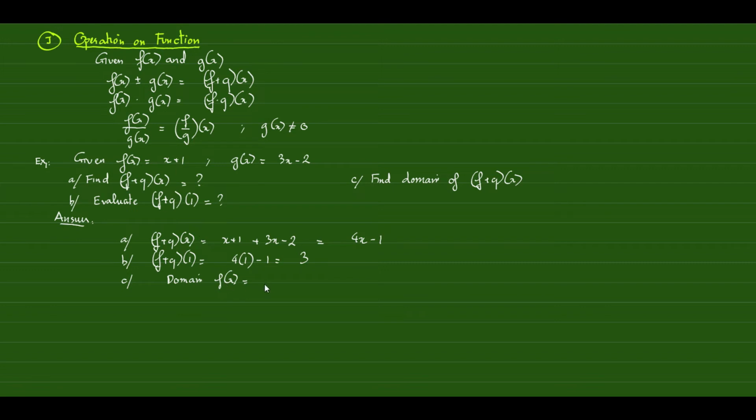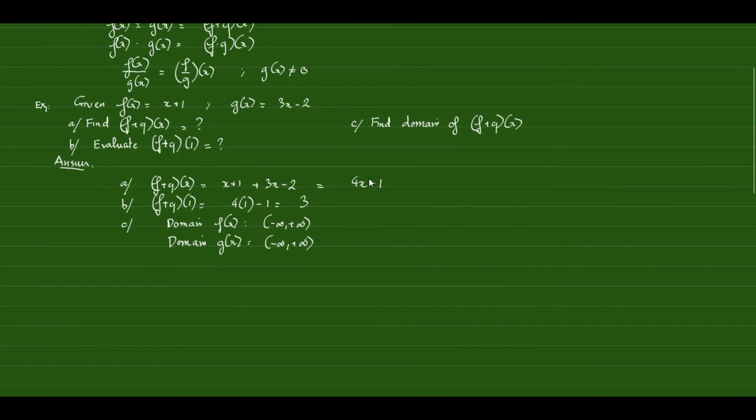This is a line, so the domain is from negative infinity to positive infinity. But the domain of g of x is also from negative infinity to positive infinity because both of them are linear functions. That's why when you add them up, a linear function and a linear function, the sum of the two functions is also linear. So you see this one right here is also linear.